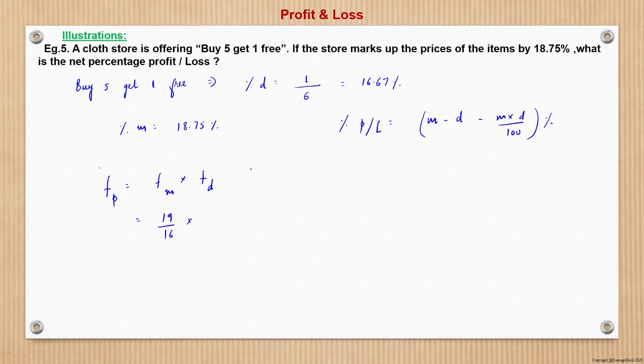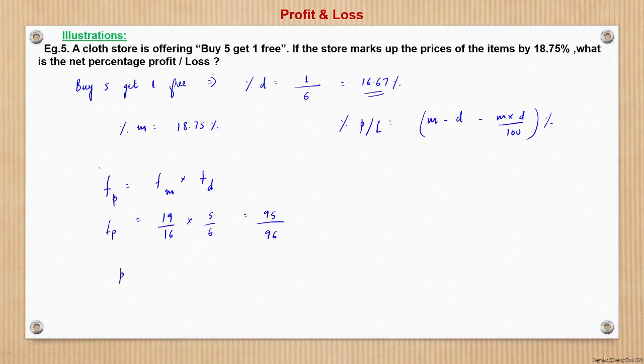And discount means decrement. Decrement of 16.67%. 16.67% is nothing but 1 by 6. So decrement of 1 by 6 from 1, so 1 minus 1 by 6 is 5 by 6. If we solve this, we get 95 upon 96, right?